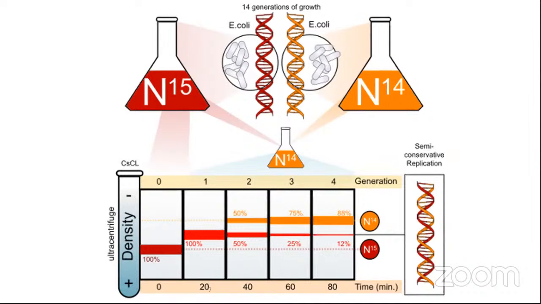And then when they were put in the medium containing N14, they had an intermediate density. Since it had an intermediate density, conservative replication was excluded, because in conservative mode we would not have this intermediate density, because it will be conserved.